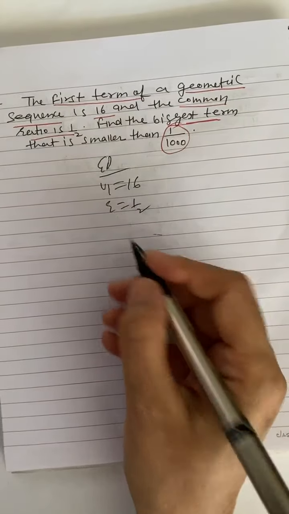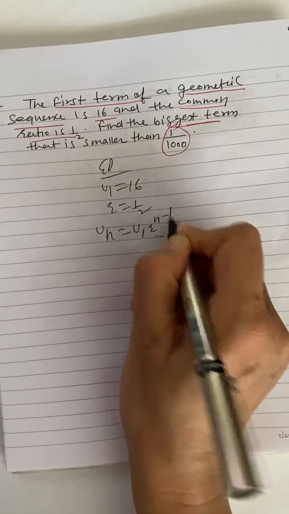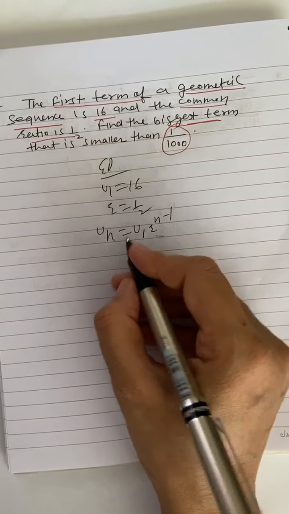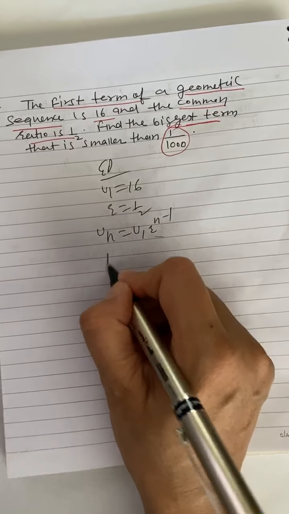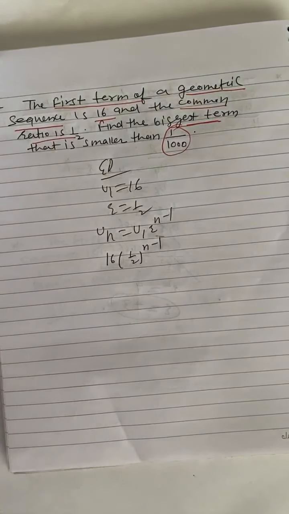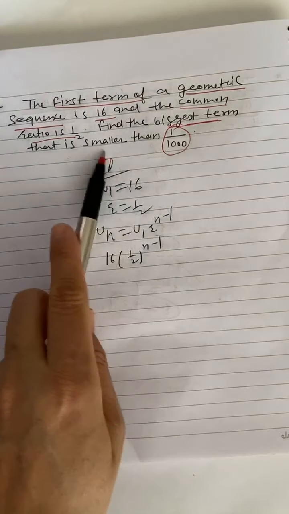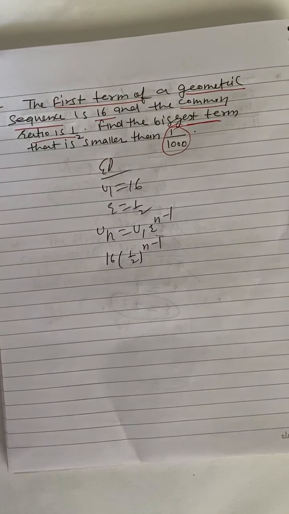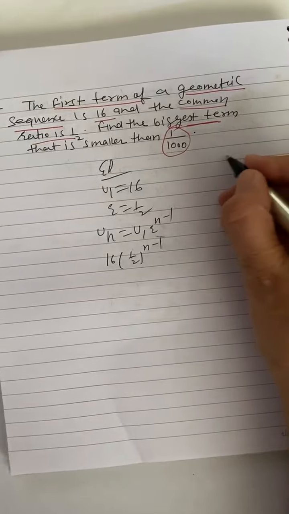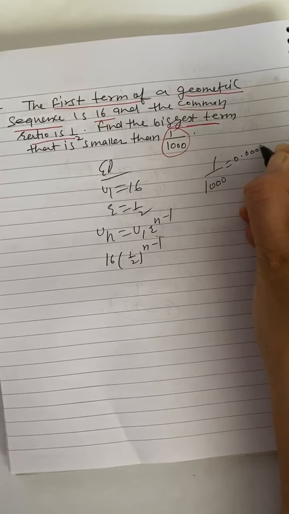So I'm going to set up again. un is u1 r raised to the power n minus 1, and you have this as 16 times 1 over 2 to the power of n minus 1. Now we need to find the biggest term which is smaller than 1 over 1000, and 1 over 1000 is going to be 0.001.